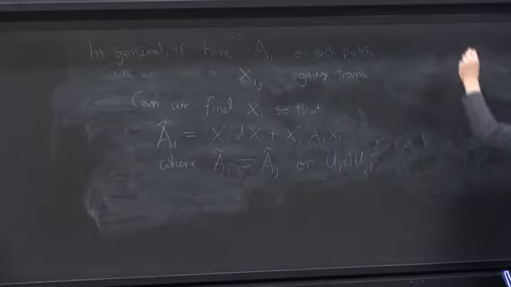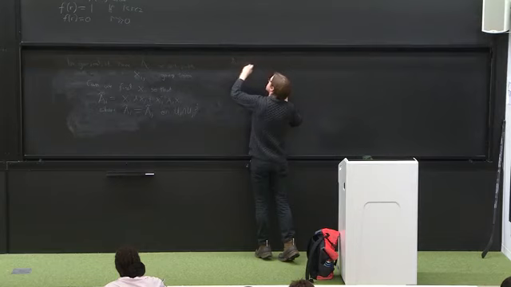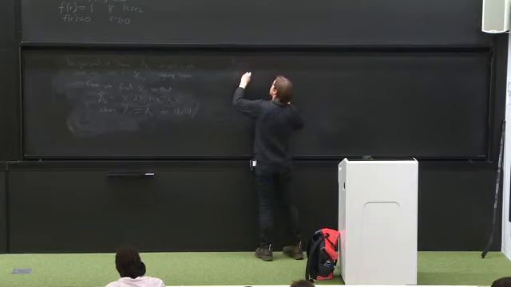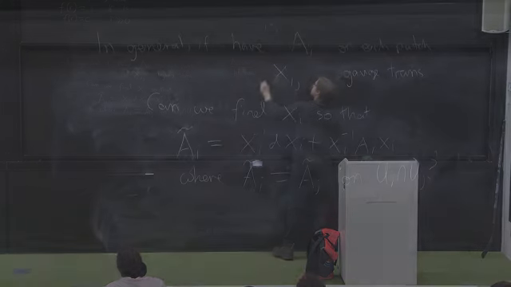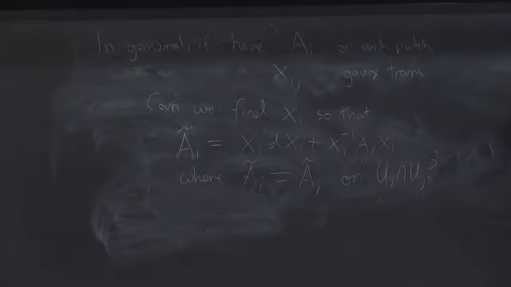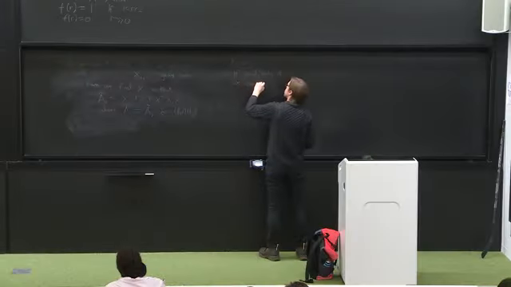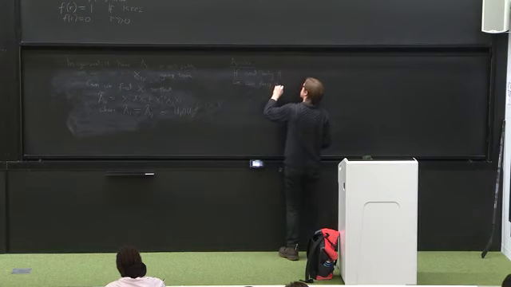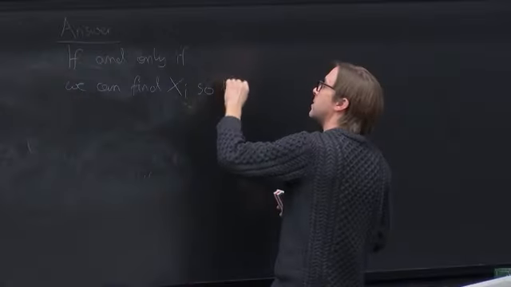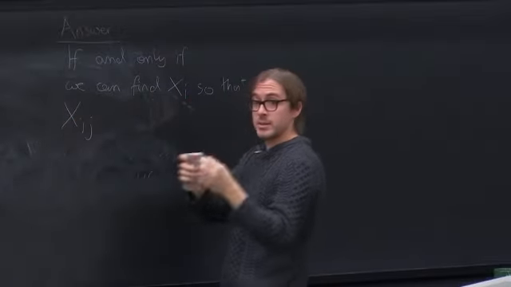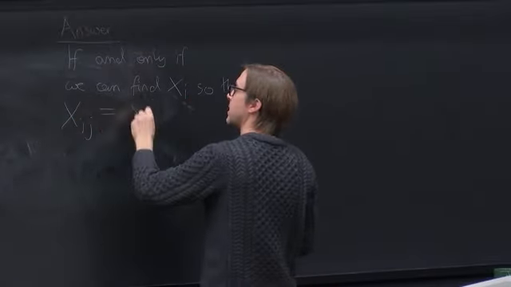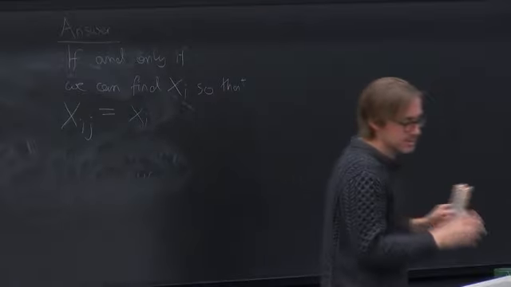And the answer to this question is yes if and only if we can find such xi so that the gauge transformations of the overlaps are written as xi xj inverse. Is it xi inverse xj or xj inverse xi?